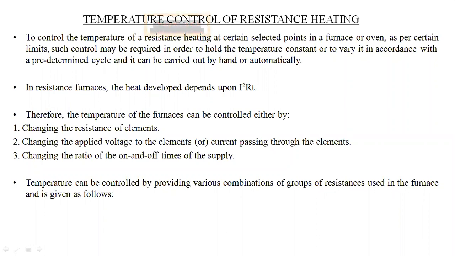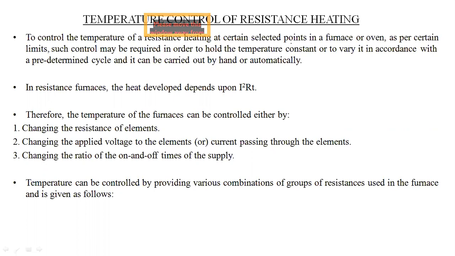According to the heating time of the element, the heat is going to be developed through the power loss. So here I have written some points. What are the things we are going to do to control the temperature of your furnace?